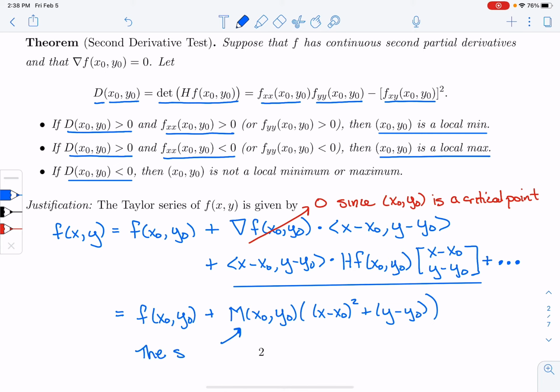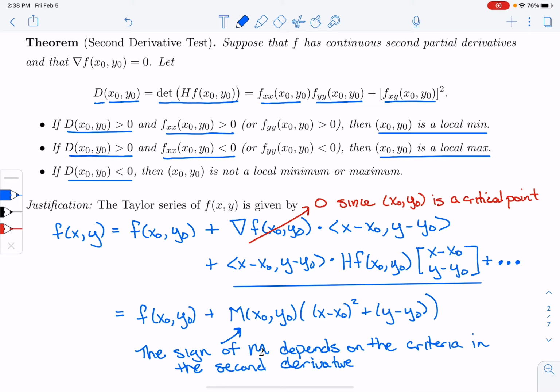So we have something that looks like this, and then the sign of m depends on the criteria in the second derivative test. The sign of m really depends on whether the determinant is positive and on whether f_xx is positive or negative.